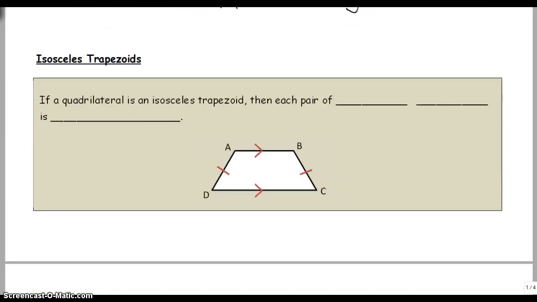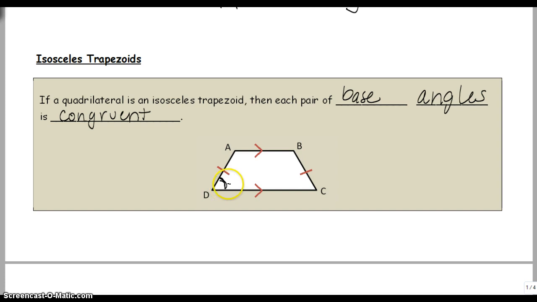There are different types of trapezoids. One is the isosceles trapezoid. If you think back to the isosceles triangle, that's where two sides are the same length. Here, if a quadrilateral is an isosceles trapezoid, then each pair of base angles is congruent.